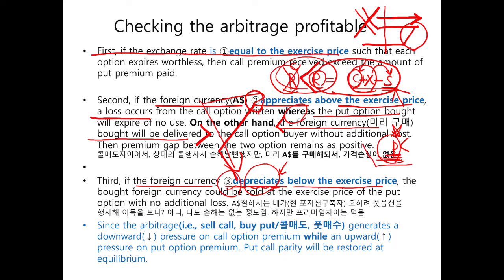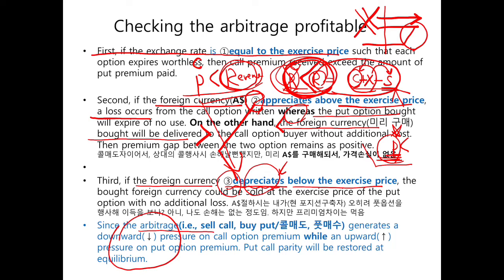Then the remaining concern to you is only this inequality. It turns out the left hand side is lower than the right hand side. It will become revenue. The amount of revenue is greater than the cost spent on purchasing the put premium, right? Last, one more thing about this kind of arbitrage.